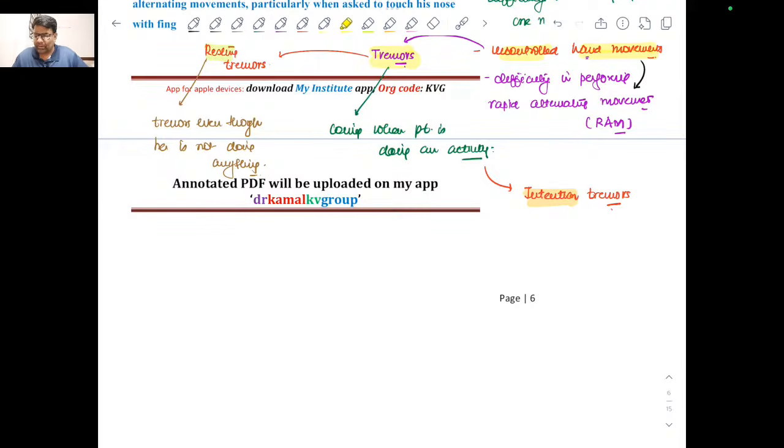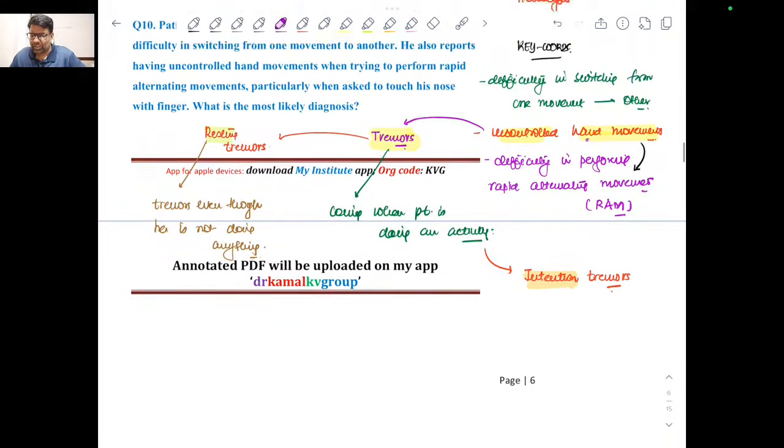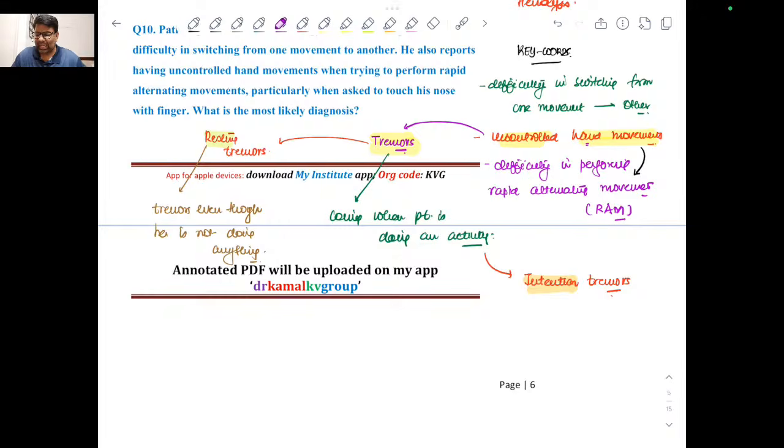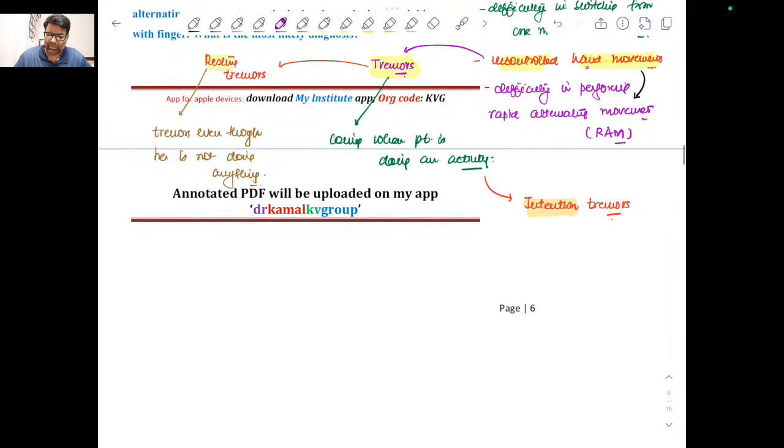That's a separate entity. Now, this question is basically based on intention tremors, because the patient is having uncontrolled hand movements as he is trying to do the finger nose test. So it is classically intention tremors. Now the resting tremors, they are seen in Parkinsonism. I think all of you must be knowing that.